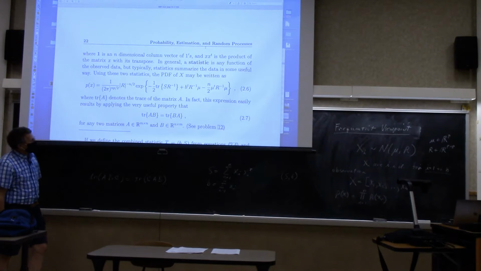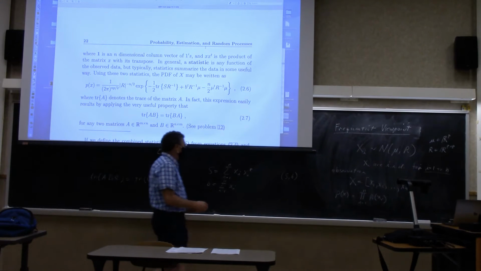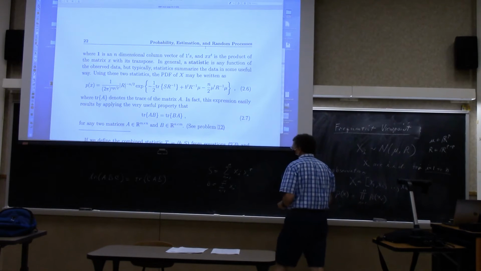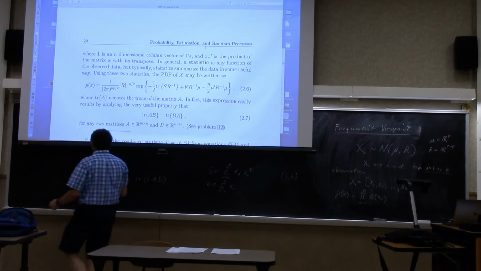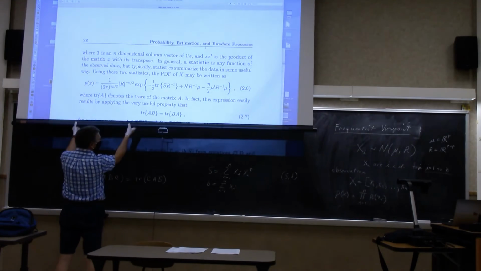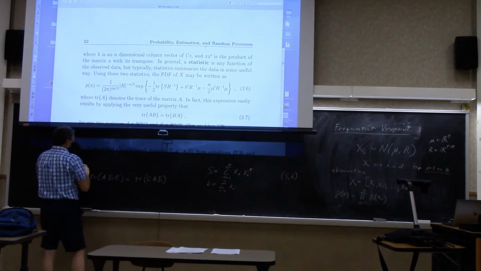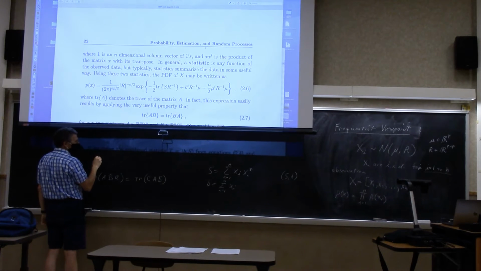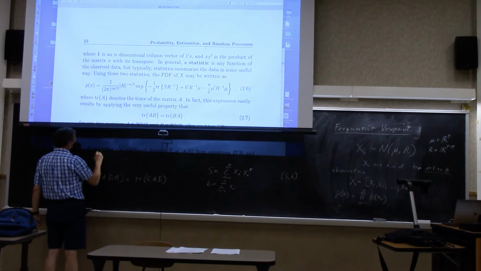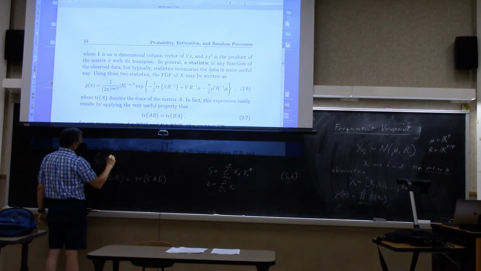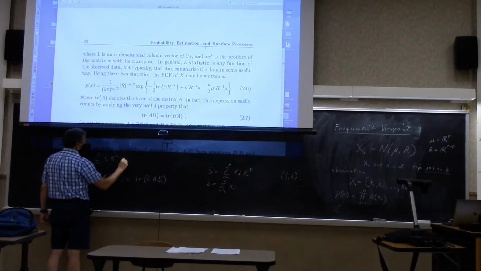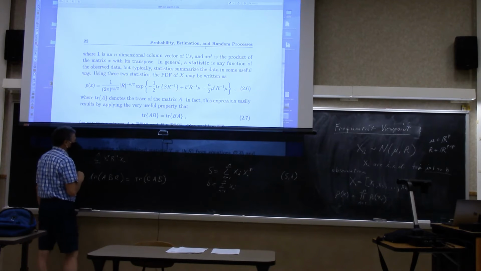So if you take the sum, you're going to get an expression which looks like this, of x_i transpose R inverse x_i, like this.